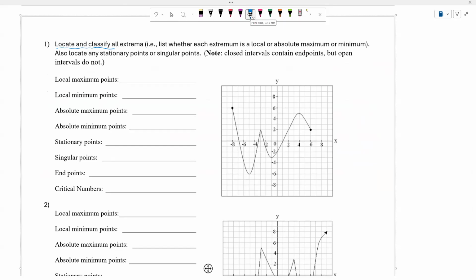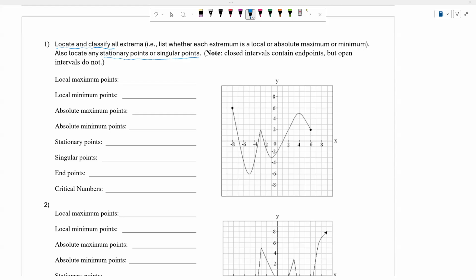I would also like to locate any stationary points and singular points, meaning we are looking for the critical numbers. Notice that closed intervals contain endpoints, but open intervals do not. Just remember this.